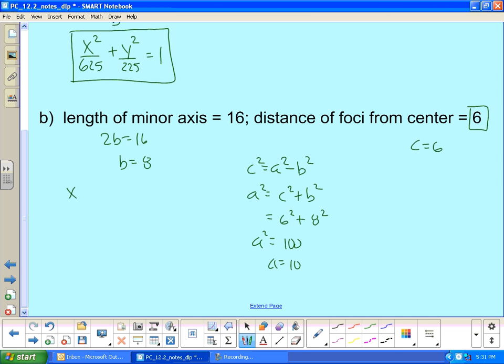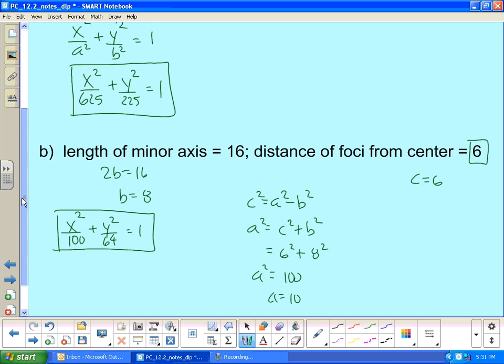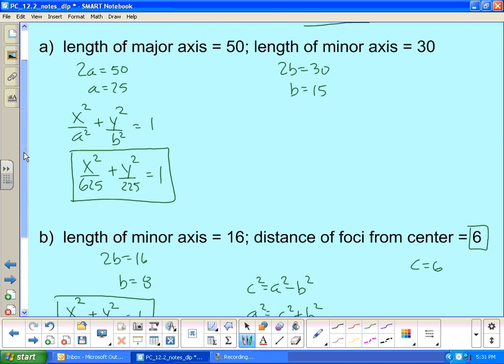So our equation is x squared over 100, so I have to square that, plus y squared over 64 equals 1. Major axis is the x. There we go.